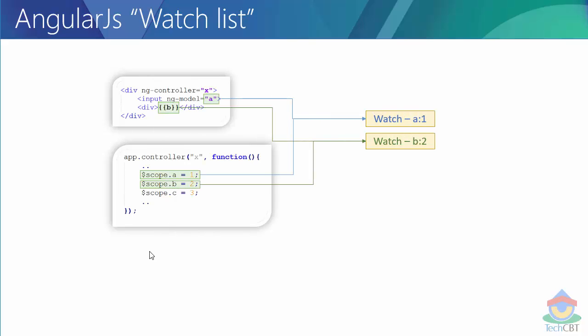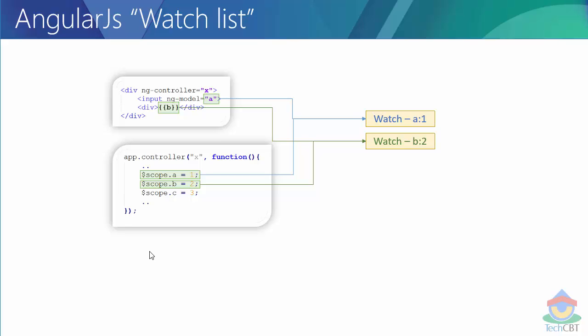And the first thing we need to understand is the watch list. In my previous video, I already covered what exactly watches are. To wrap up, a watch is simply keeping track of a scope variable along with its value. So whenever you have some kind of data binding in your markup, and if those data bindings are related to your scope objects or scope variables, we are going to have the respective watches created as part of the AngularJS framework.